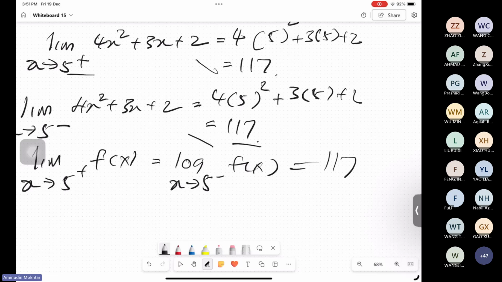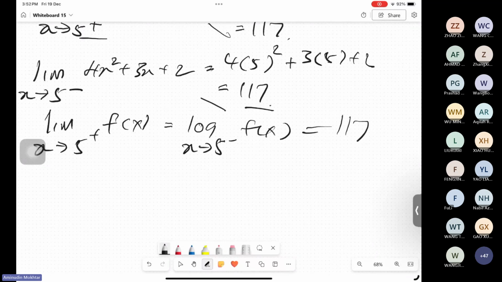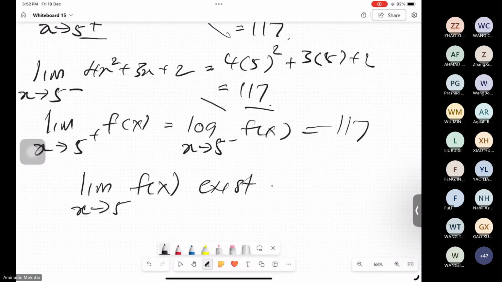The right-hand limit is 117, and the left-hand limit is also 117. So the right-hand limit equals the left-hand limit. In other words, the limit of f(x) exists. The limit when x approaches 5 of f(x) exists. You can say the limit exists for this function.